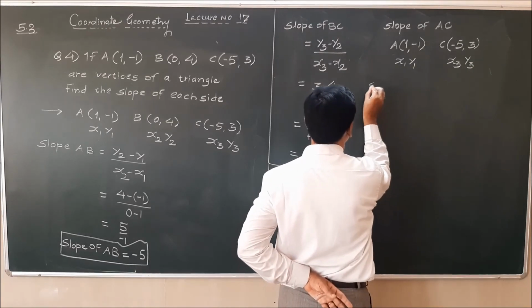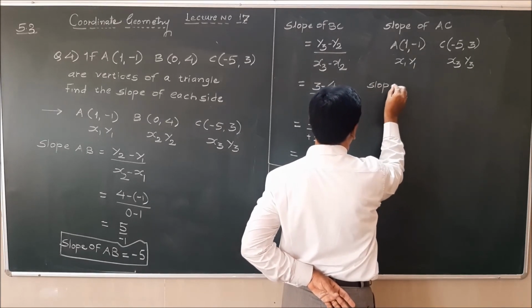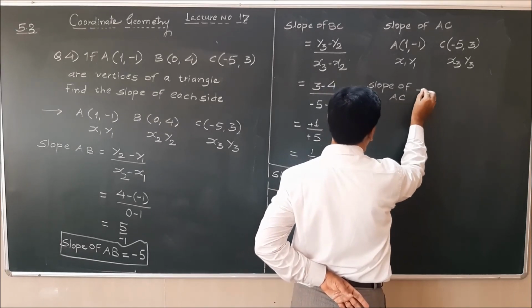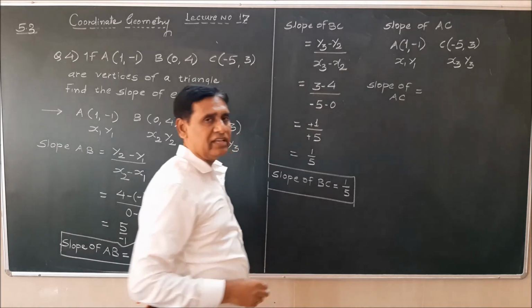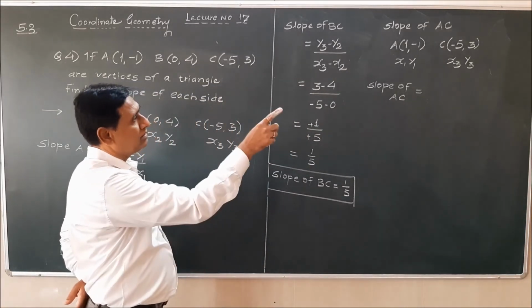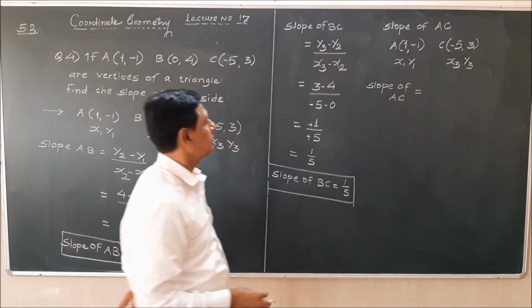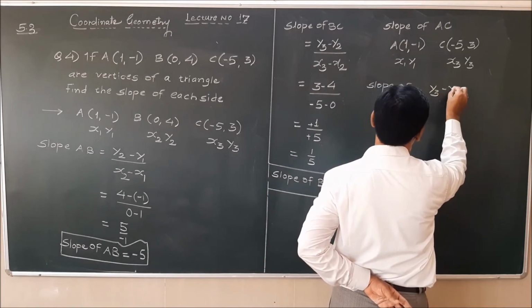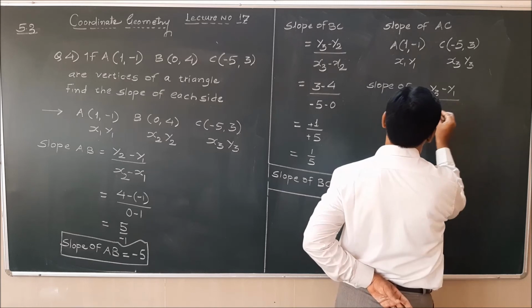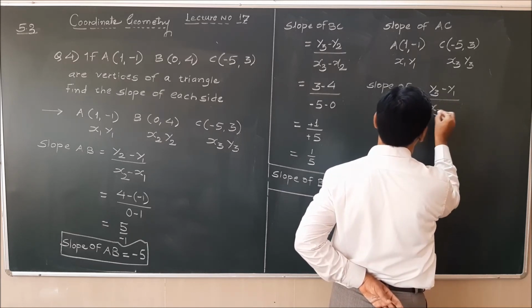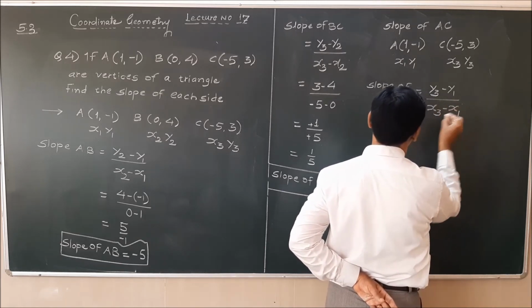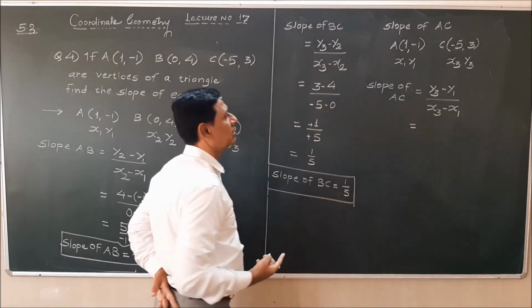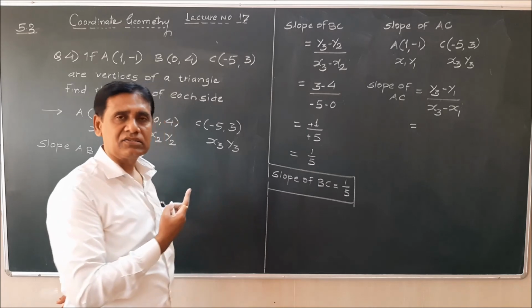Therefore, slope of AC is equal to y3 minus y1 upon x3 minus x1.